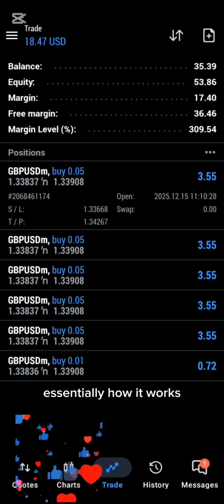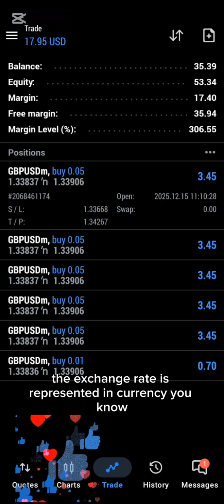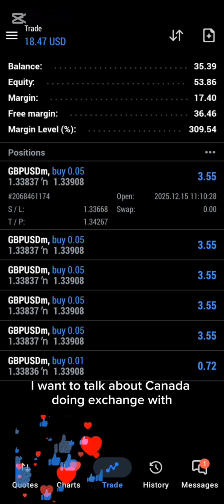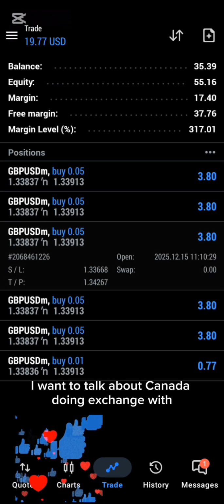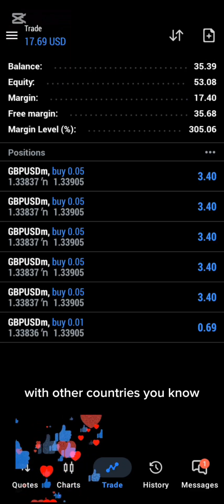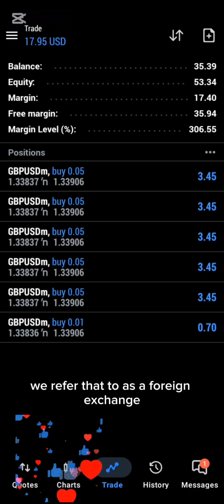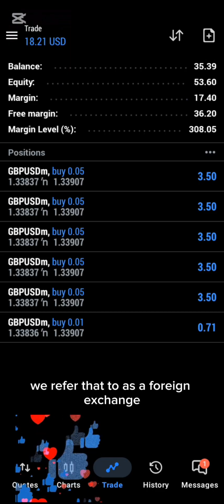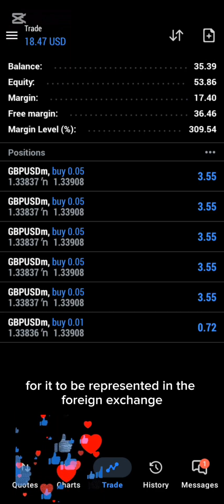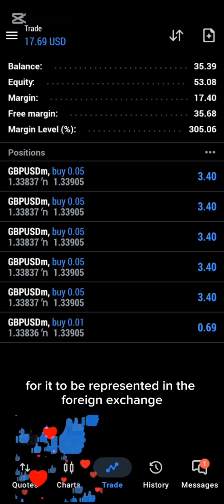Essentially, how it works: the exchange rate is represented in currency. You know, when we talk about Canada doing exchange with other countries, we refer to that as a foreign exchange. So you need a currency for it to be represented in the foreign exchange.